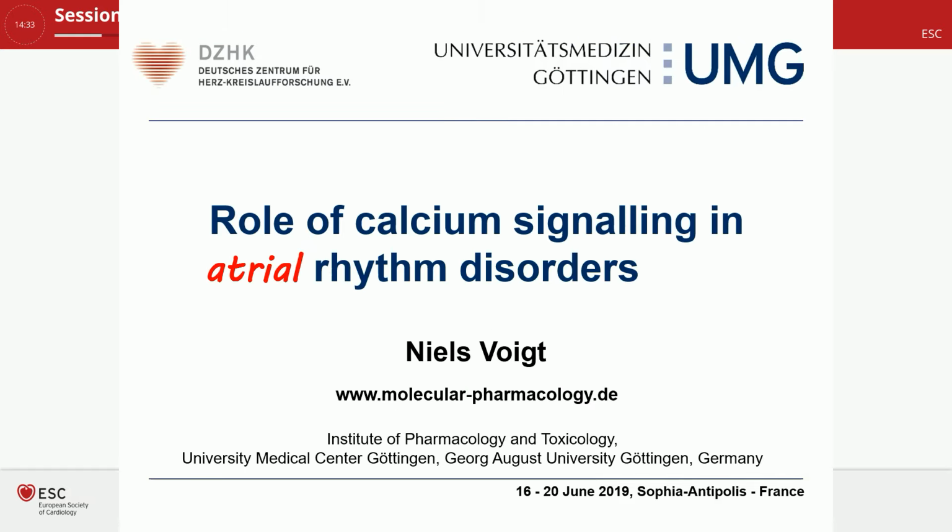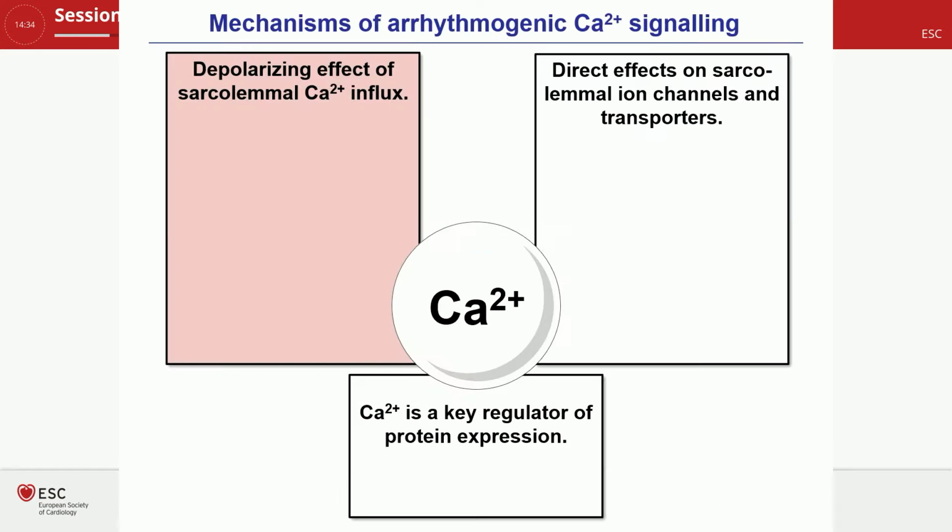Since I'm working on atrial rhythm disorders, mainly on atrial fibrillation, since many years, I would like to give you examples from the atrium, how these mechanisms can contribute to atrial arrhythmias. But the general concepts which I will introduce will hold true also for ventricular arrhythmias. So I would like to give you an overview of common principles of how calcium can contribute to arrhythmias.